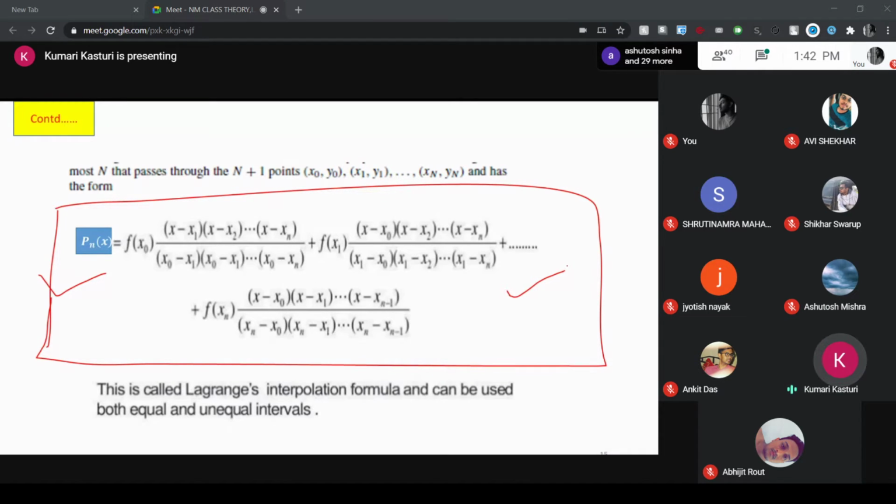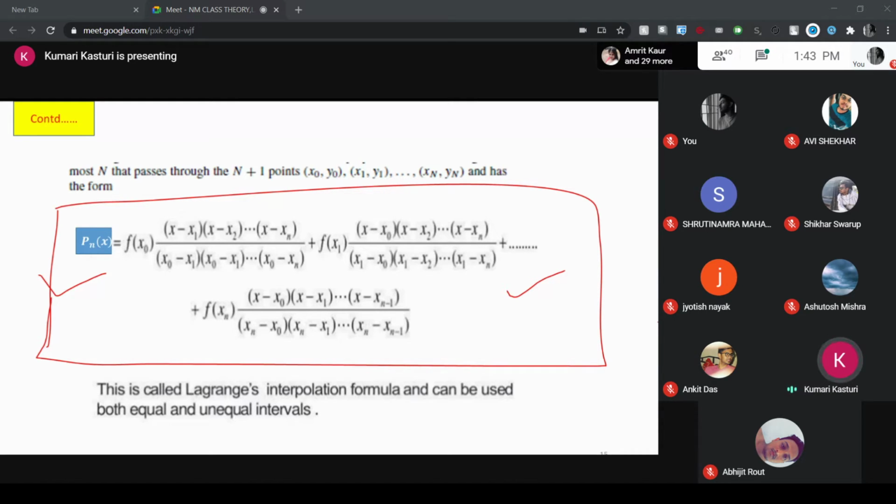Complete. Please, all of you, write the formula clearly, because from this formula only we have to find the solution.